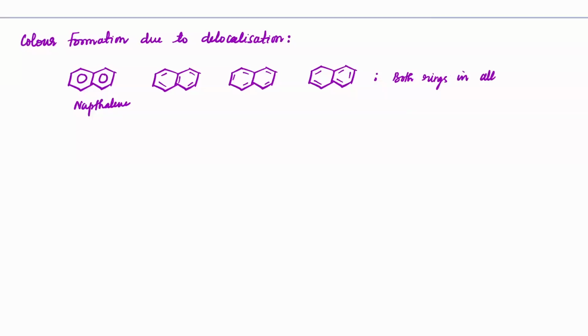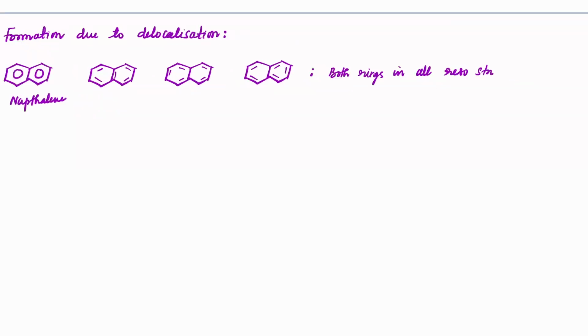In resostructures, resostructures are benzenoid forms. Benzenoid forms means, see, every time you see the rings are of benzene kind, correct? At least one ring you can see they are benzenoid form.